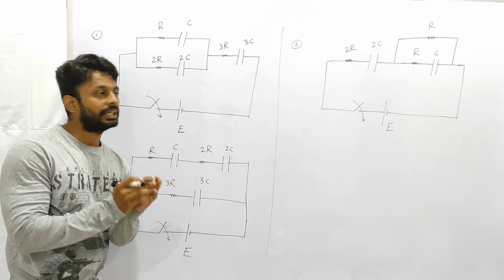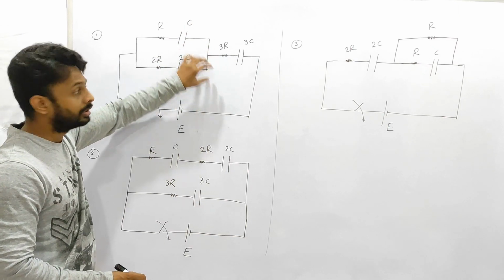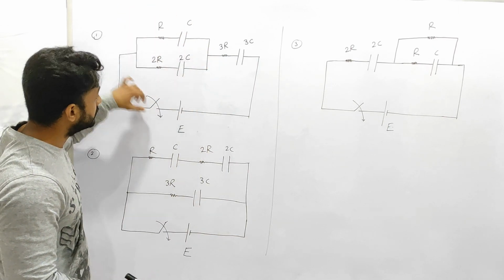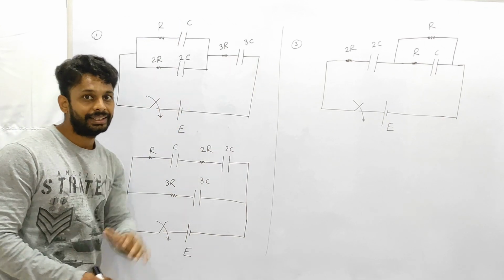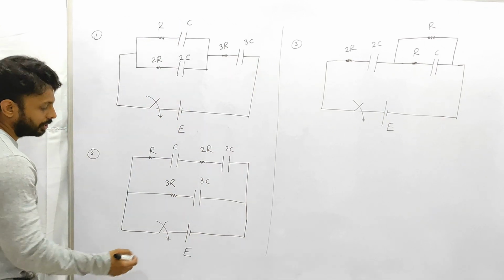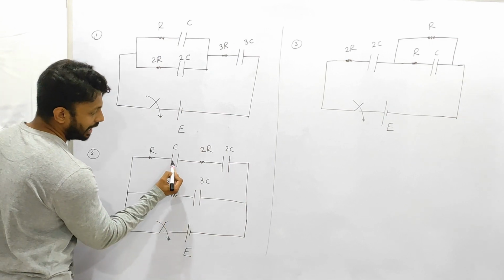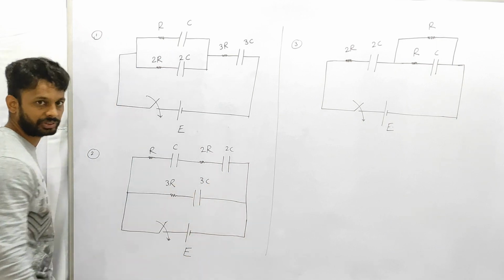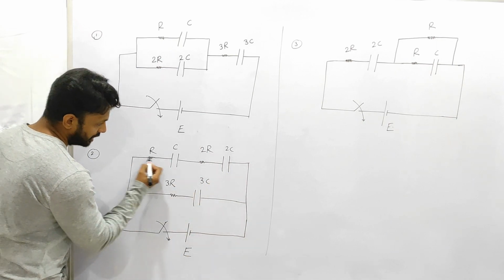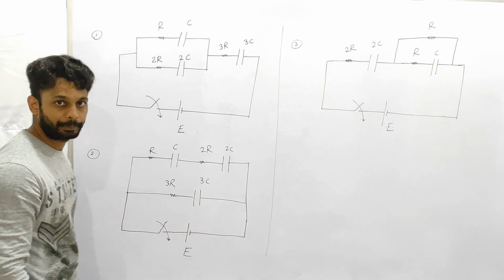So simply speaking, I want to find the charge on every capacitor and the current passing through any branch and through the battery as a function of time. Here also the switch is closed at t equal to 0. Find the charge on this capacitor as a function of time, and this one, and the current passing through this branch and through the battery as a function of time.